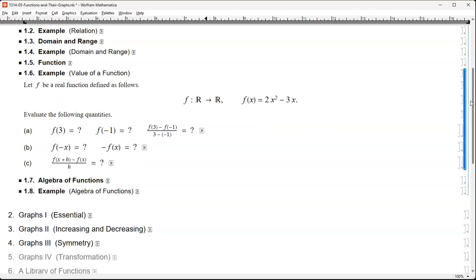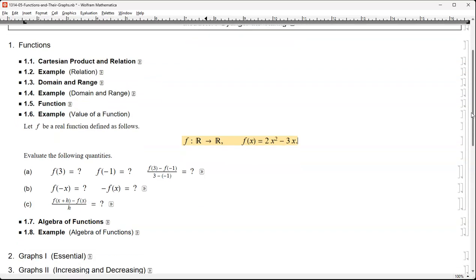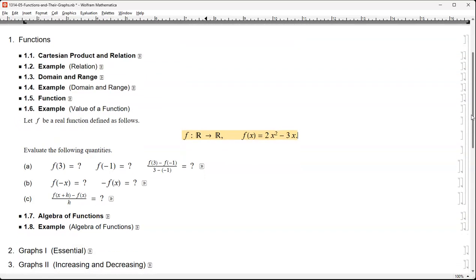Alright, let's do some example problems based upon algebraic expression of a function. f of x is defined as 2x squared minus 3x, and then we evaluate the following quantities. So the value of 3 under this function f, or the function value, all I have to do is substitute 3 in place of x here.